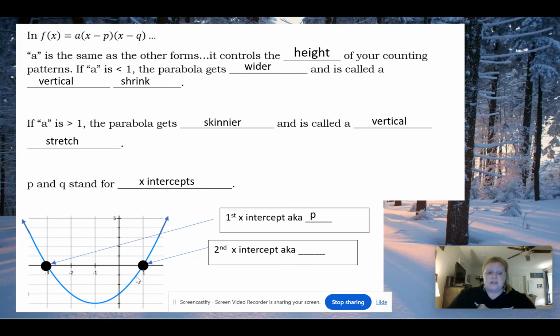So the first x-intercept, we usually call that p, and the second one we call q. Now these can be switched. You can call the first one q and the second one p. Doesn't matter. There's 2 of them. As long as they both get named, we're good. So you could tell me p is -3 and q is 1, or you could switch it. q is -3 and p is 1.